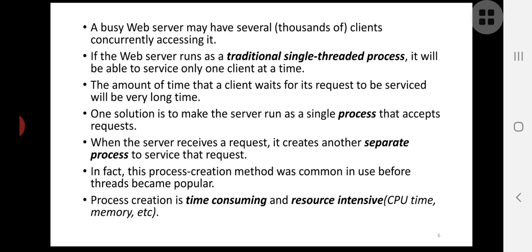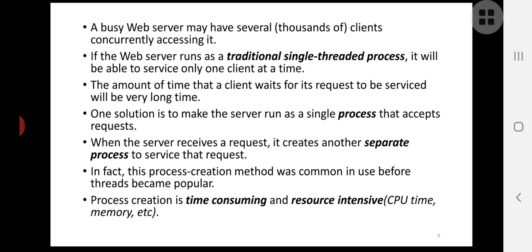So one solution for this problem is we can make that server run as a single process, but accept multiple requests and provide service to multiple requests of those clients. How to do this? When the server receives any request, it creates one more separate process to service that request.